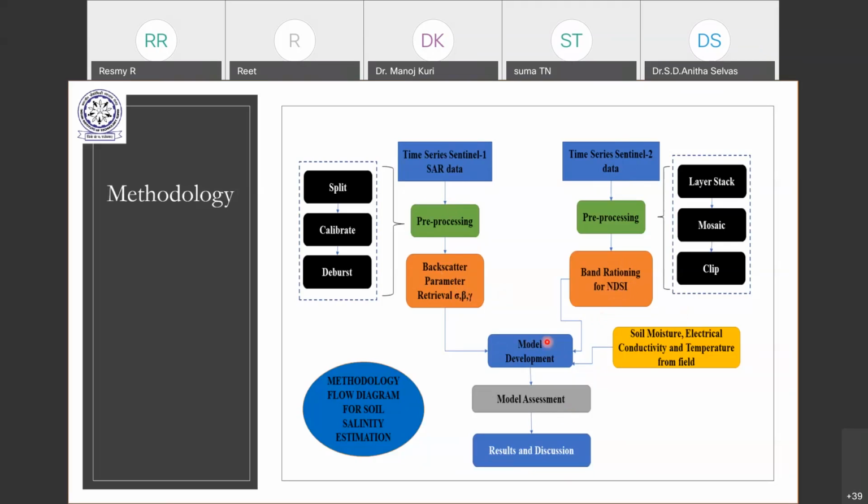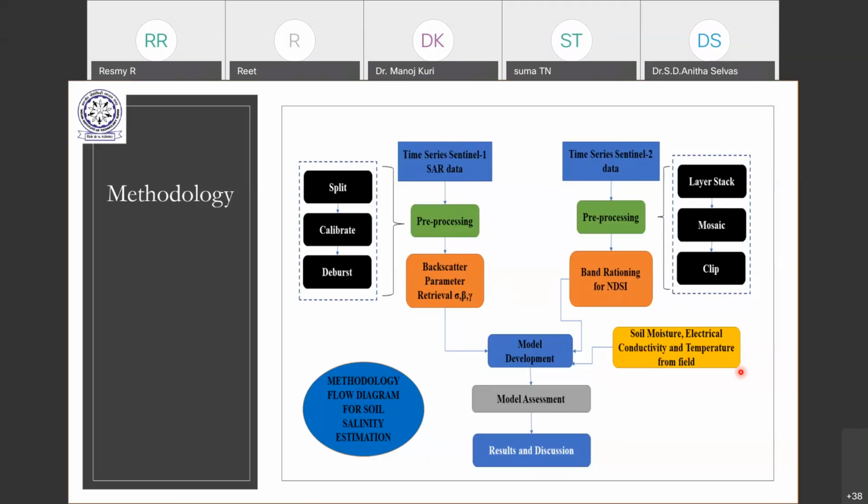This model correlates both the data. From the soil field we use the soil moisture data, electrical conductivity, and the temperature data. For some points we measured the electrical conductivity, and the soil moisture data was used so that we can find out that whatever change is there in the field is not because of the soil moisture.